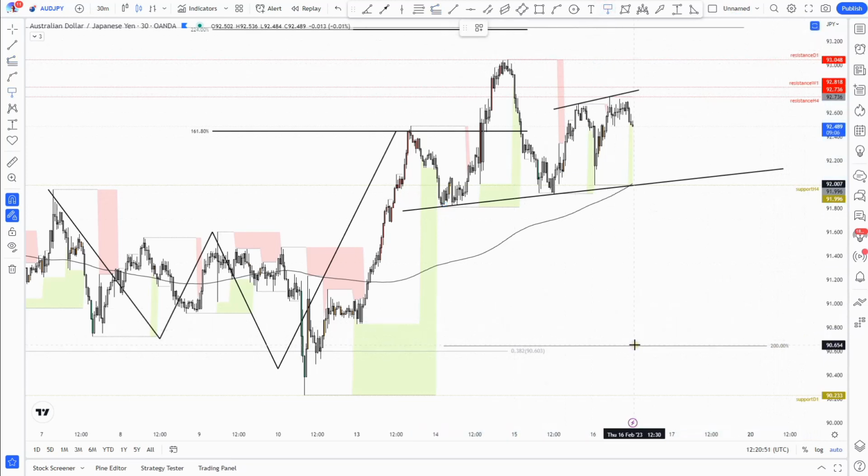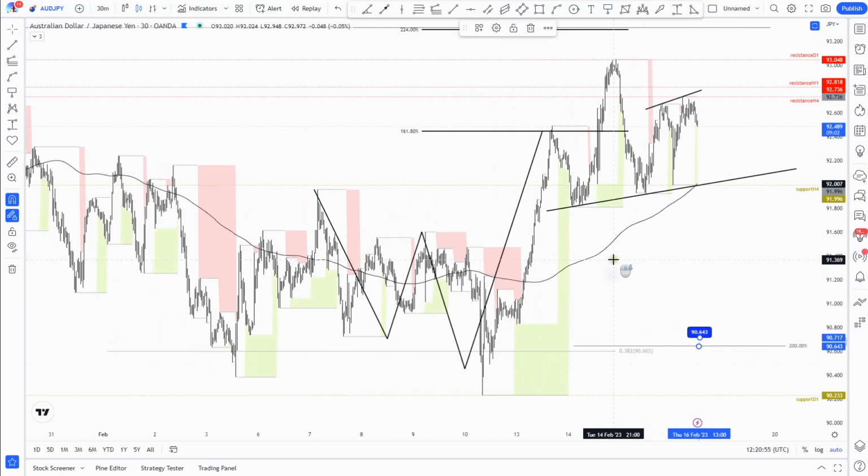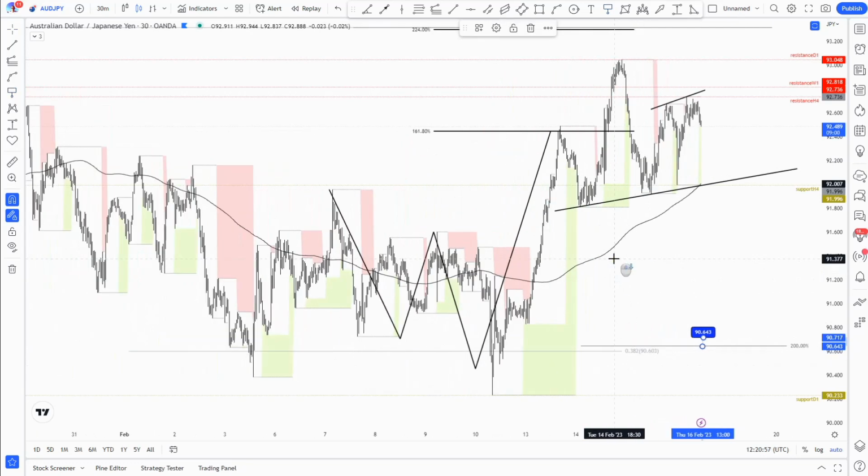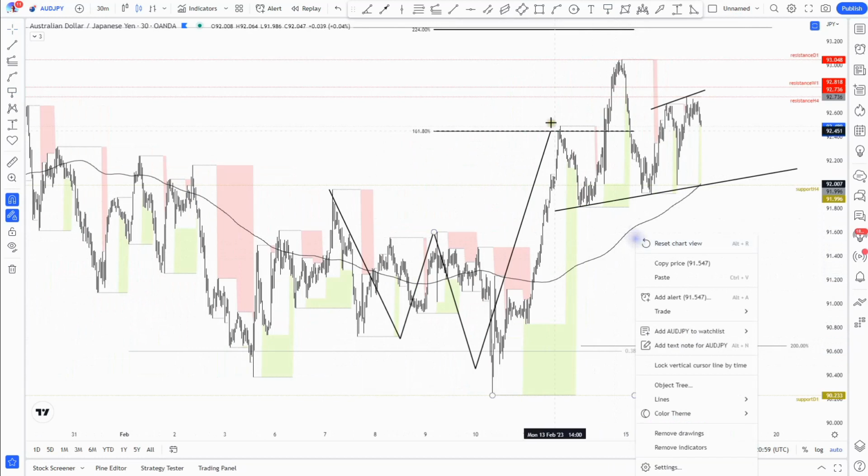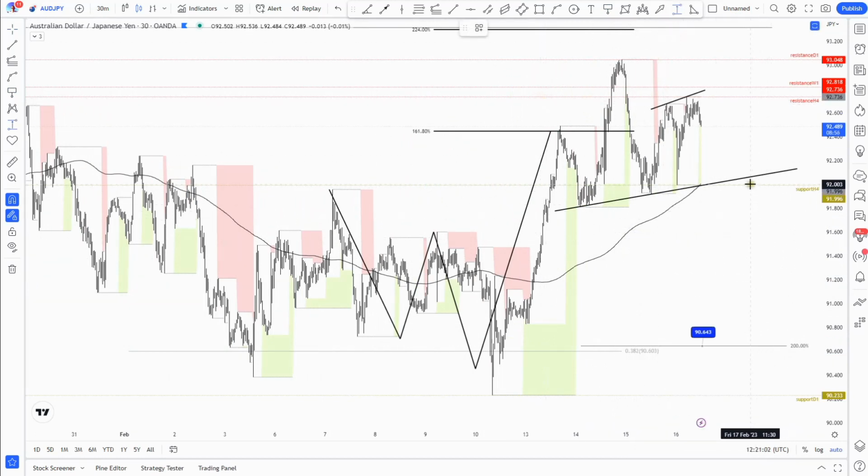So that Fibonacci extension points to 90.65, 90.63, 90.64, which means we have a potential move below the support equivalent to 134 points for the Aussie.